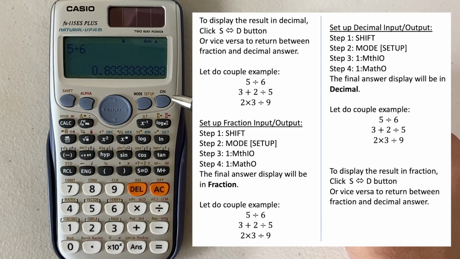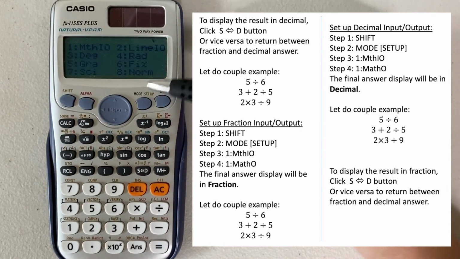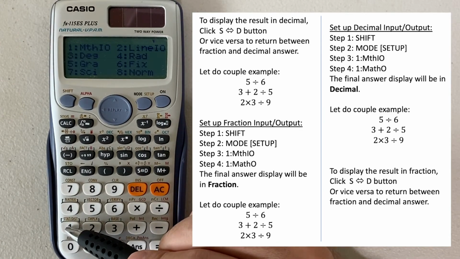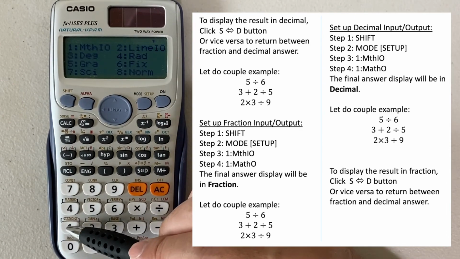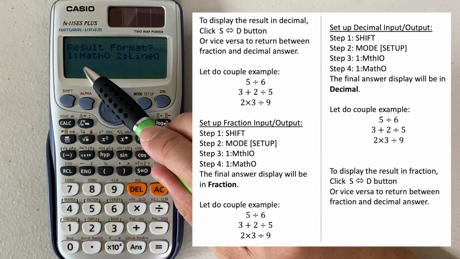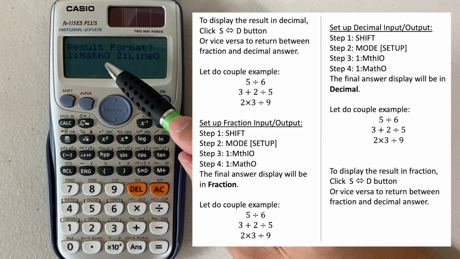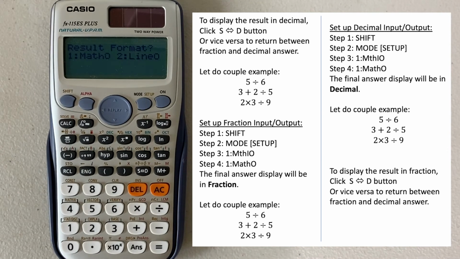So when you select number 1, the math input output, and if you select 1 for the format, the result will be in the fraction. If you select number 2, line output, the result will be in the decimal, and you can select either one that fits your application.